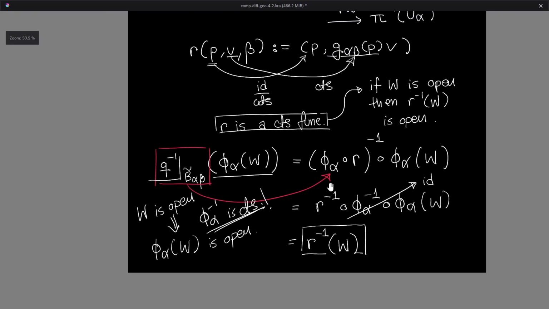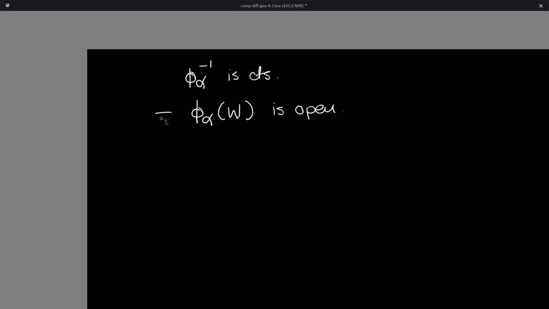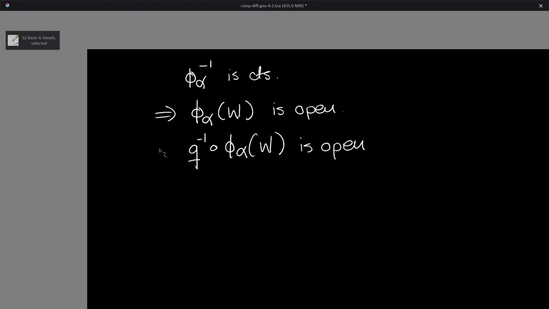So let me recap what we just did in this little subproof. We first wanted to prove that phi alpha inverse is continuous. We then showed that phi alpha of W must then be open. We then showed that Q inverse of phi alpha of W being open in T is equivalent to this statement.